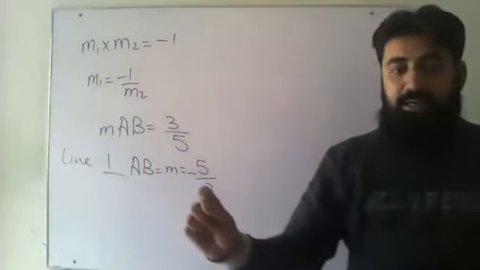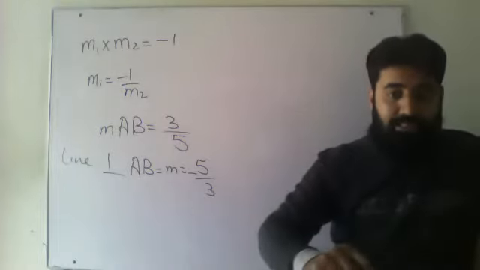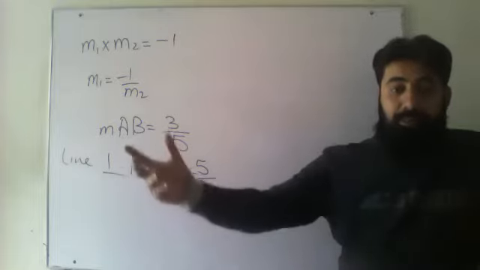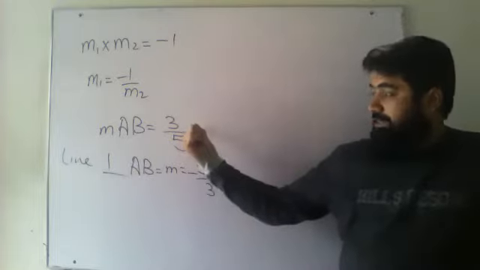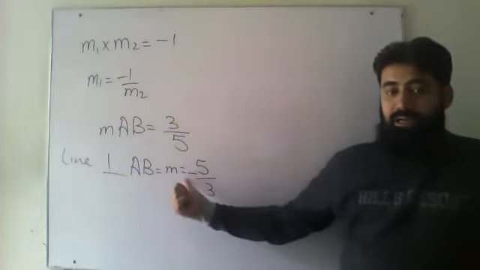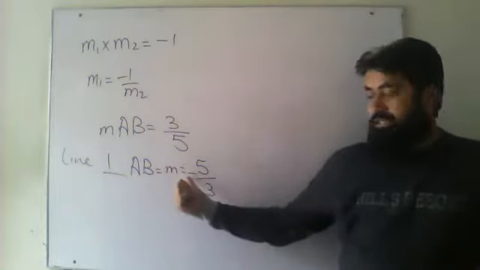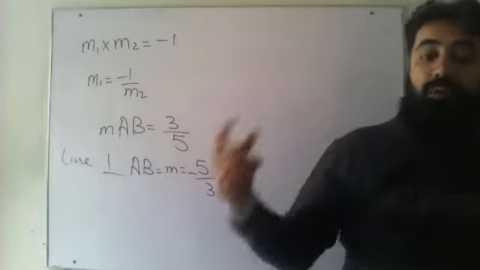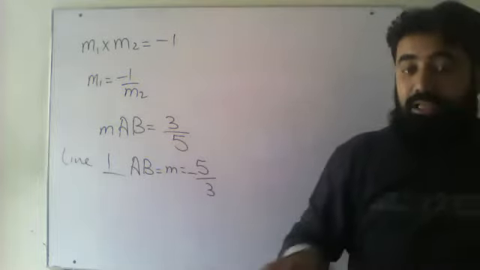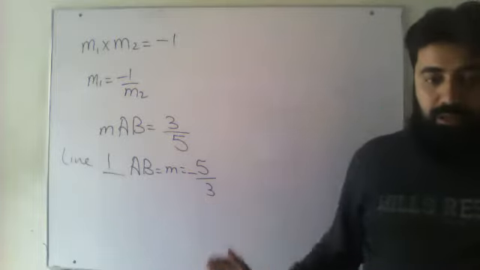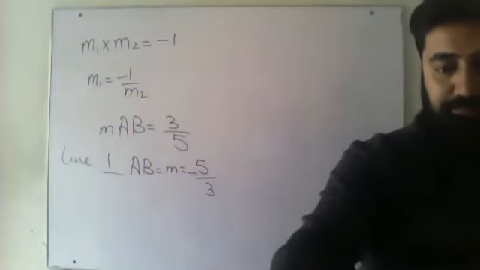If one of the gradients is given and the other one is missing, and they are telling you to find the gradient of the perpendicular line, you will take the given gradient, reciprocal it, and negative reciprocal means changing the sign of that thing, and you will have the gradient of the perpendicular line. Even though I haven't got anything from there, I have got its gradient over here.